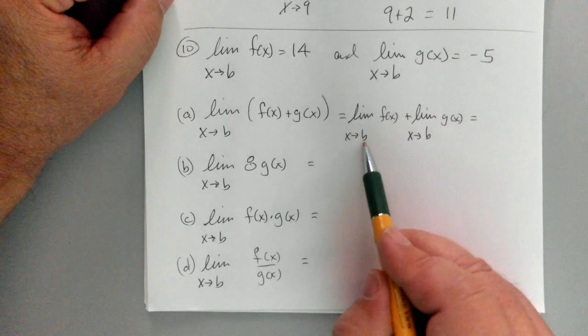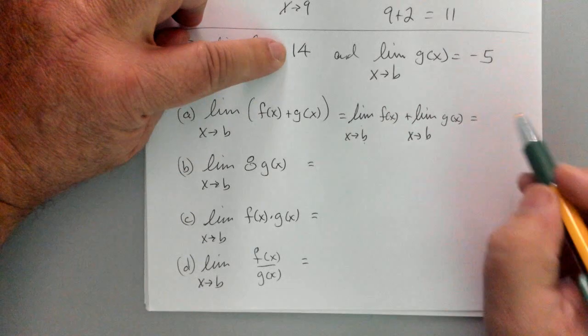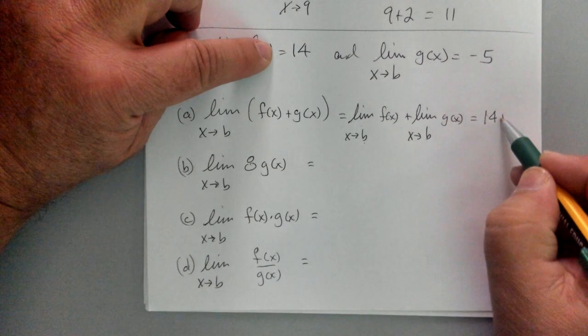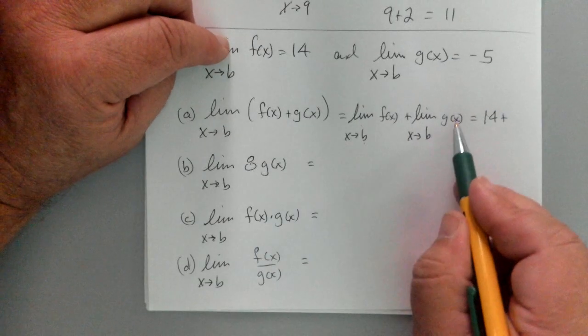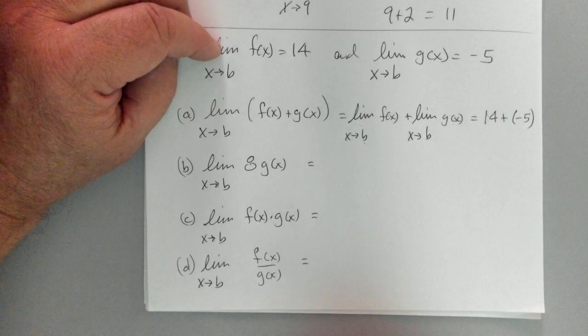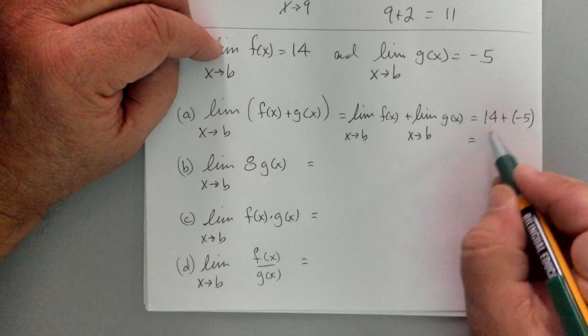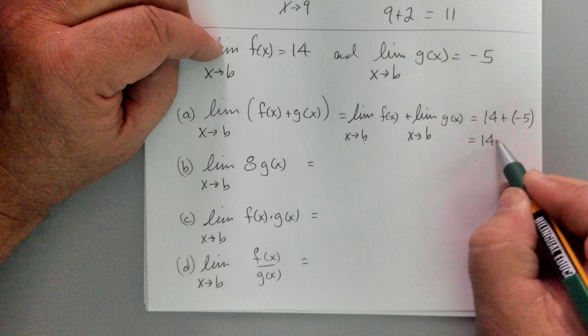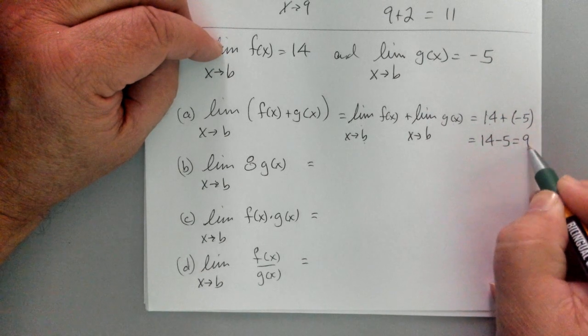The limit of f of x as x approaches b is what? 14. The limit as x approaches b of g of x is negative 5. 14 minus 5 is 9.